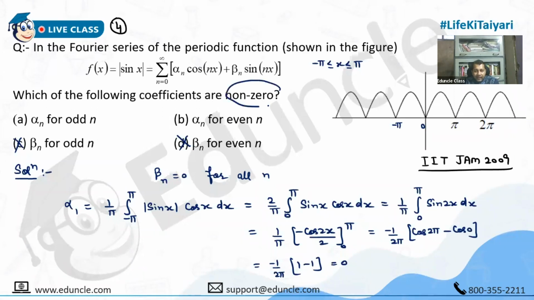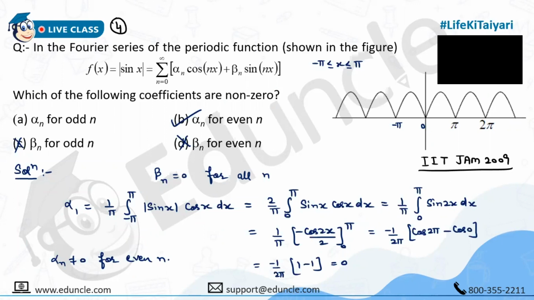And they are asking us about non-zero. It means alpha n is not equal to 0 for even n. Because for odd n, it is coming out to be 0. That is the answer. So no need to calculate alpha n. So you can check it for alpha 1 or alpha 2. Is it clear?